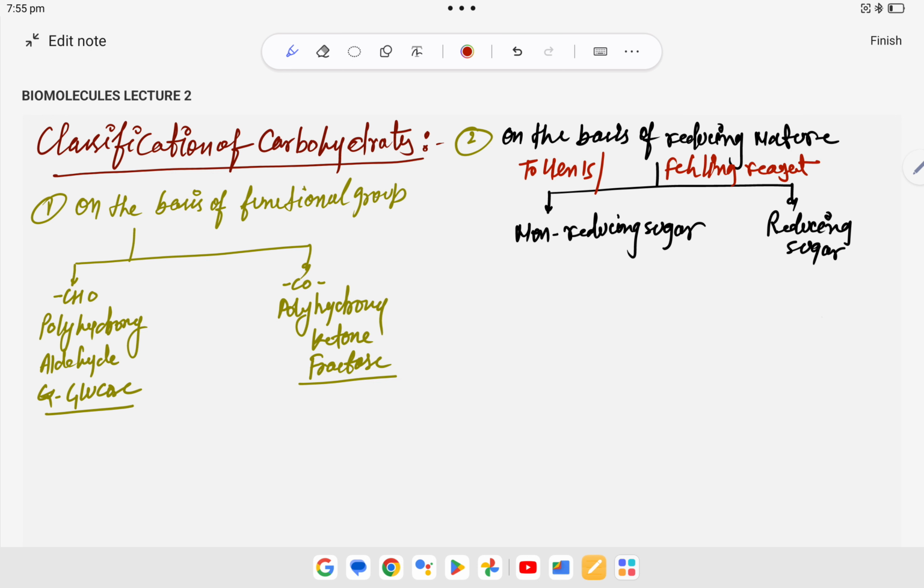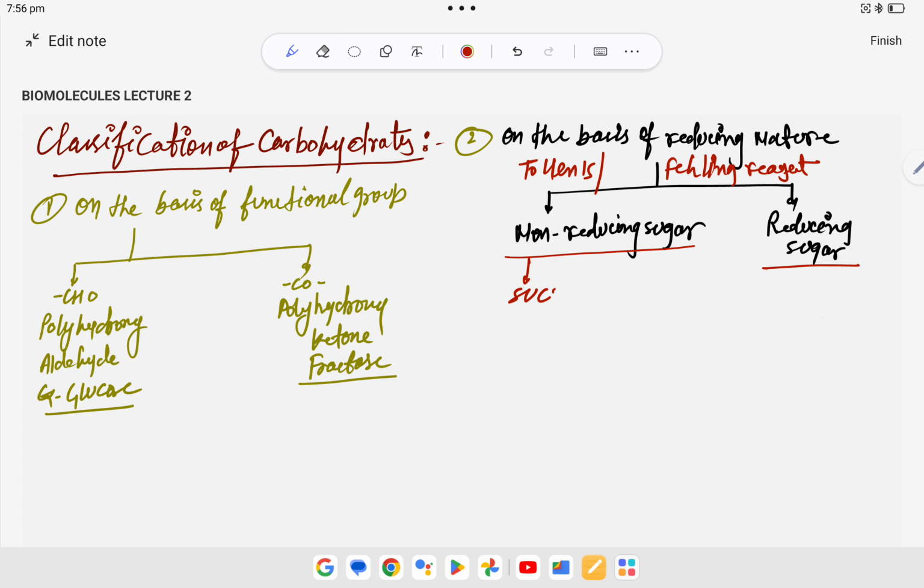You know that Tollens and Fehling are mild oxidizing agents. So in that case, according to the Tollens and Fehling reagent, in the reducing nature, non-reducing sugar, example sucrose.